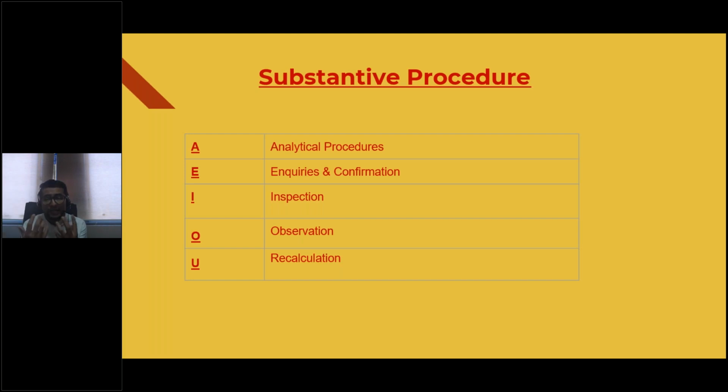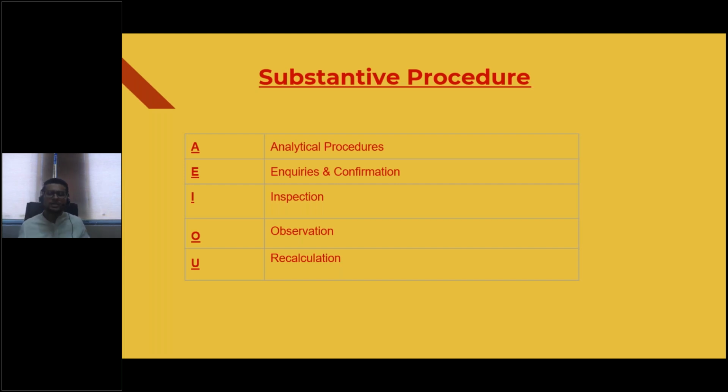This has revealed something, and that is there is a huge possibility that revenue might be overstated. There is a huge possibility that certain items from the cost of sales or from the distribution cost have been omitted. So the analytical procedure does not categorically identify a material misstatement, but it does lead you to a situation where you can figure out that there is something wrong going on.